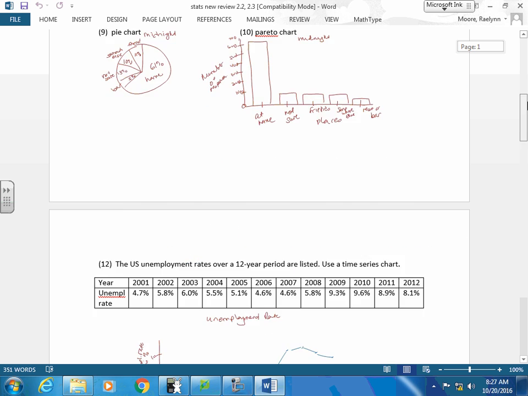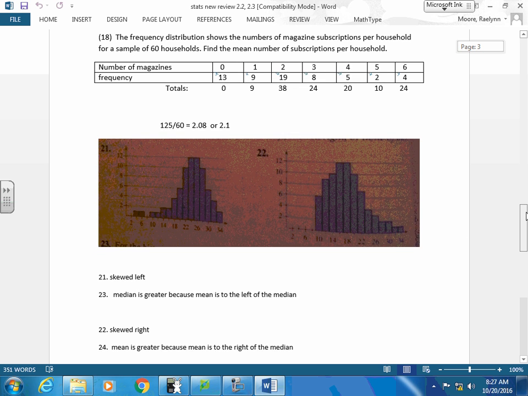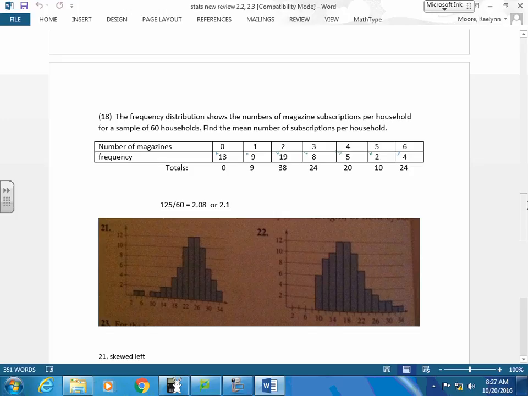All right, let's drop down to 21. Here's a graph.